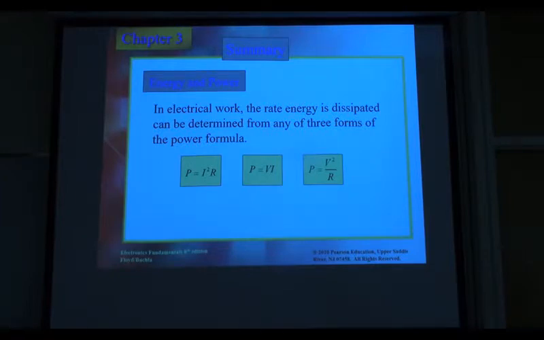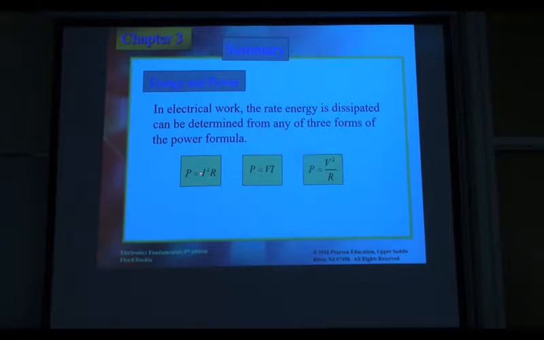If we know the current and the resistance, the electric power is P equals current squared times resistance. That is the power. Actually, the fundamental formula is this one: the power equals voltage times current.